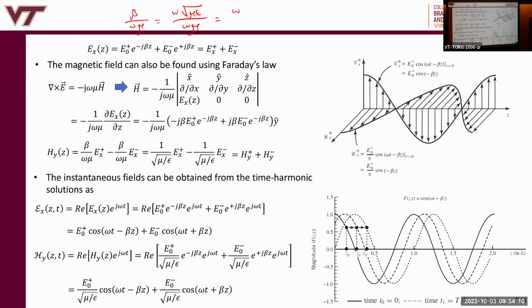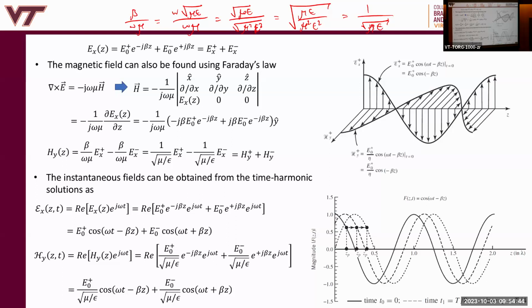Omega cancels. Then we have the square root of mu epsilon divided by the square root of mu squared epsilon squared. Then you can combine all of this, and here you get 1 over the square root of mu epsilon.